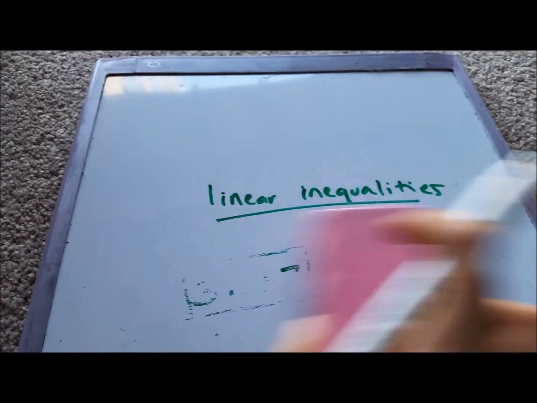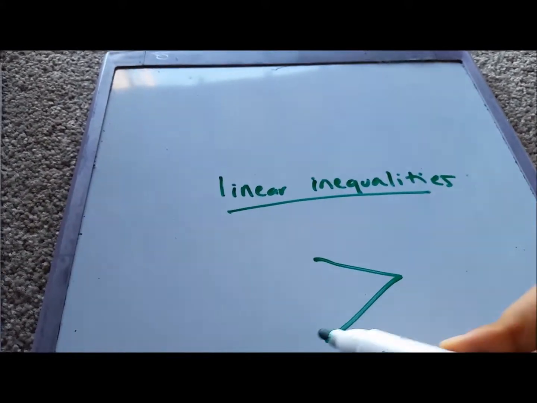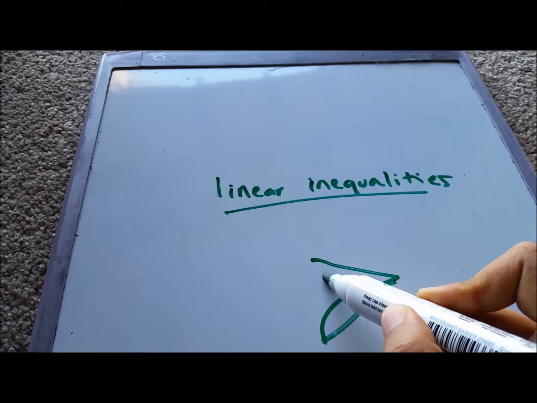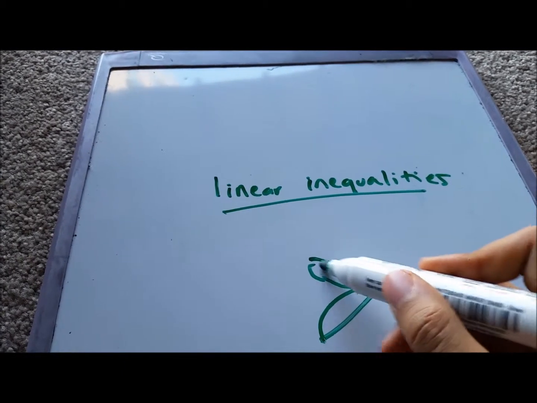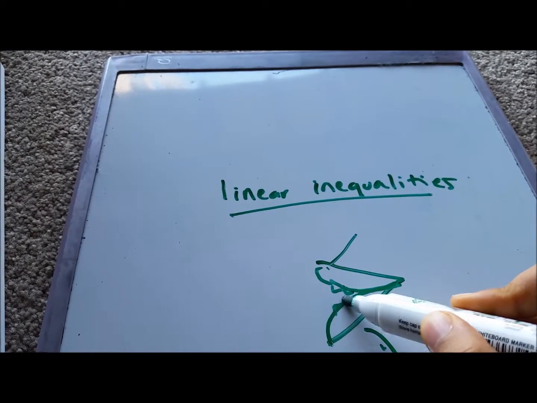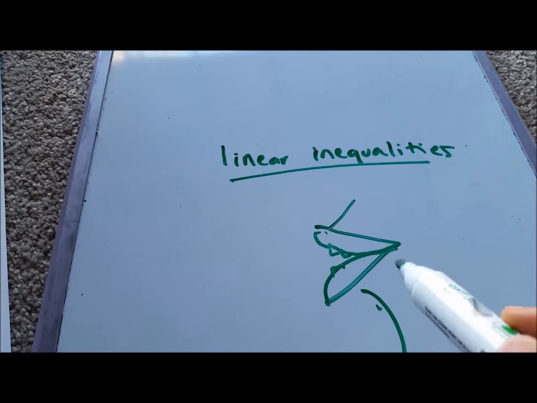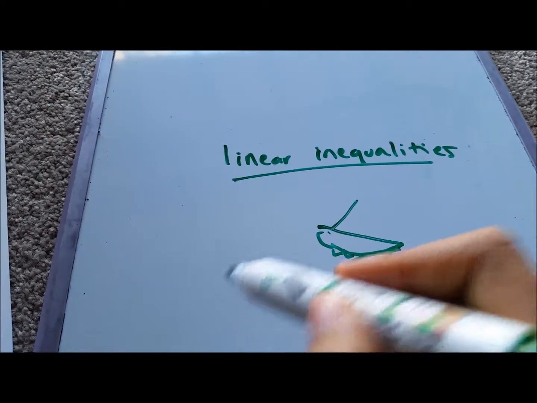The easiest way to remember this is to think of this symbol as a mouth. This mouth enjoys eating food. It is usually quite greedy, and it likes to eat the bigger numbers.